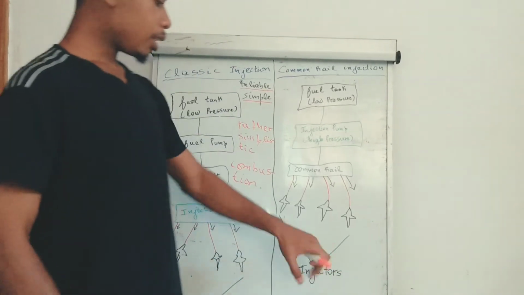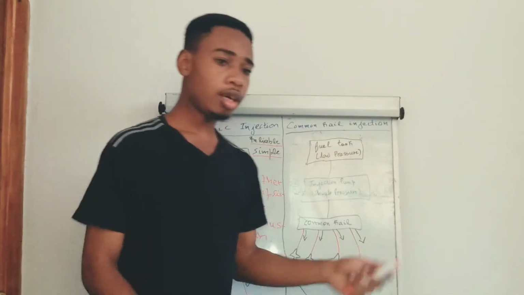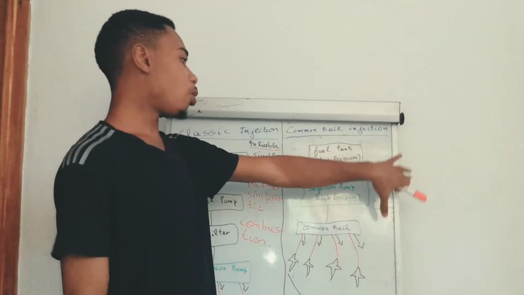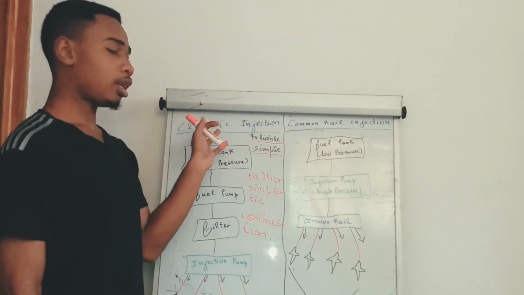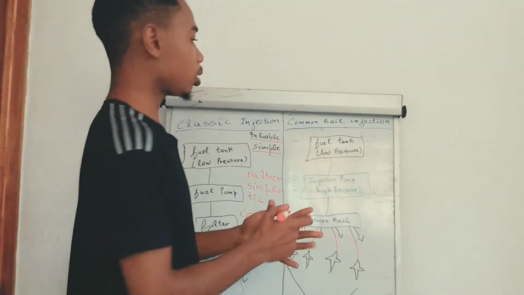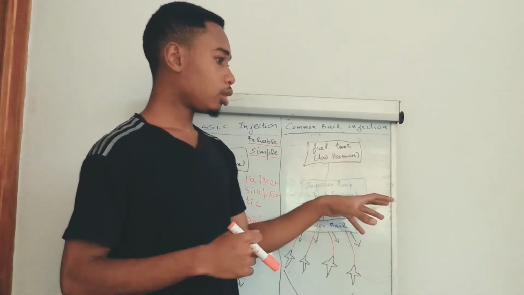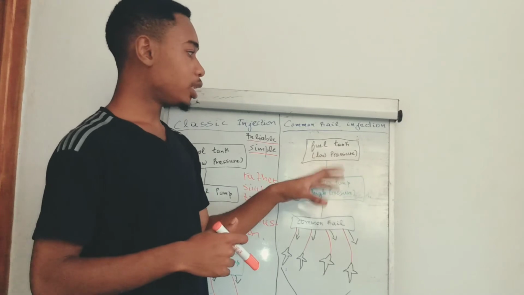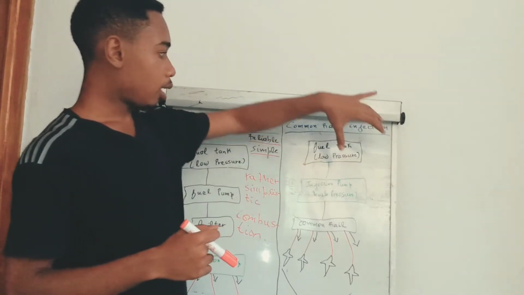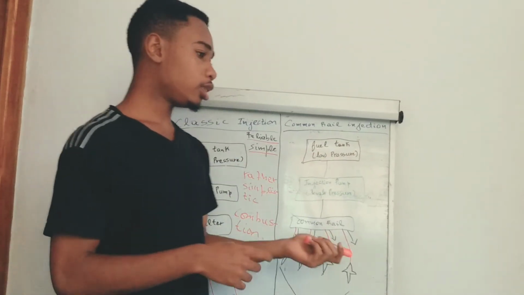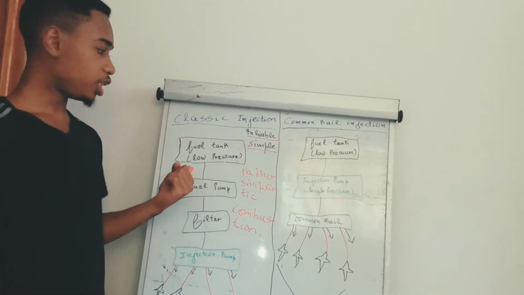Okay. In addition, in the Commonwealth injection, the engine is much more quiet in comparison to classic injection. It's much more quiet because in the Commonwealth injection, we have pre-injection. Therefore, in the Commonwealth injection, the engine is quieter than this one over here.